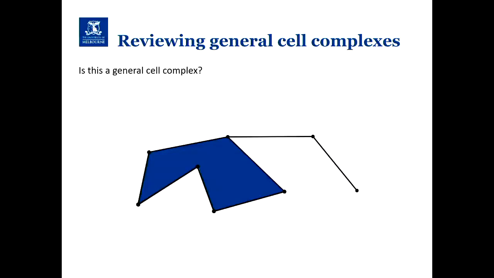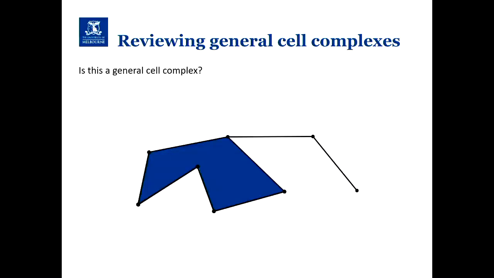Is this a general cell complex? Yes, it is a general cell complex. Is it a convex hull? No. Good. This shape is not a convex hull because I have this angle there. Is it a cell complex? Yes. Which dimension am I in? 2D. So it's a 2-cell complex.